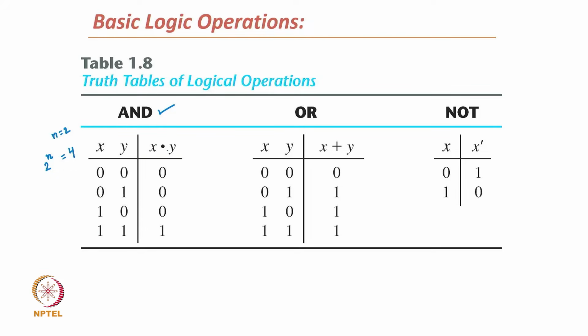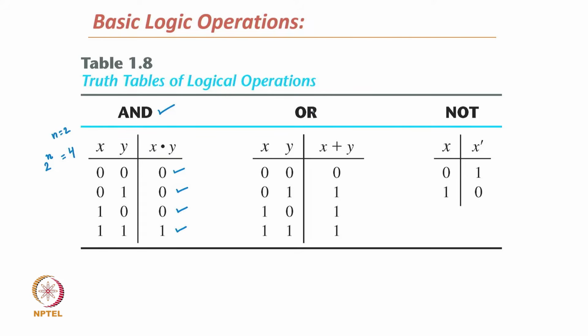If we perform the AND operation x dot y on these, for input 0 0 the output is 0, input 0 1 the output is still 0, input 1 0 the output is again 0, and for input 1 1 the output is 1. So this is the truth table of an AND gate.